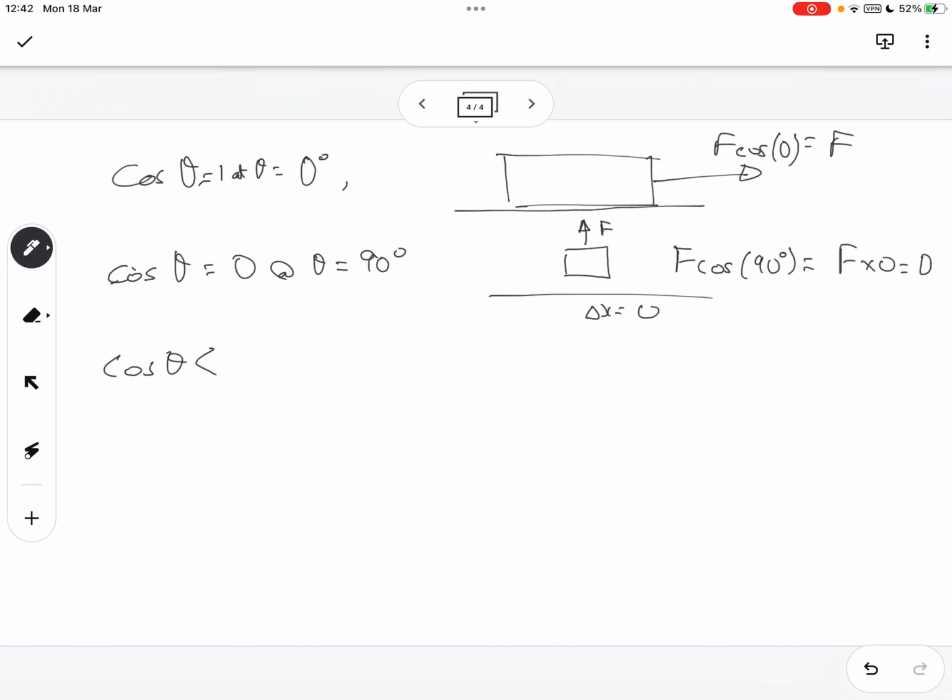Cos of theta is, let's say, negative 1 at theta is 180 degrees.